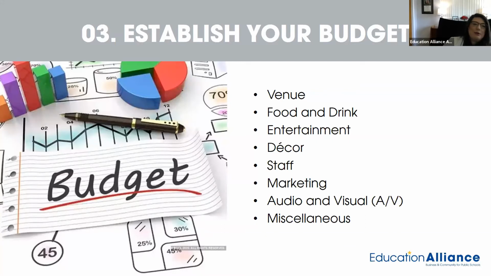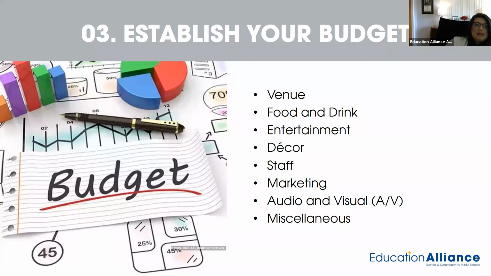Marketing, how are you promoting this event? And what are you doing really to reach your audience? Audio, video, and this can be both for an in-person event or a virtual event. So it's anything from Wi-Fi to speakers. If you're having a virtual event, you also have to consider if you have a video, are the people who are participating able to hear that?